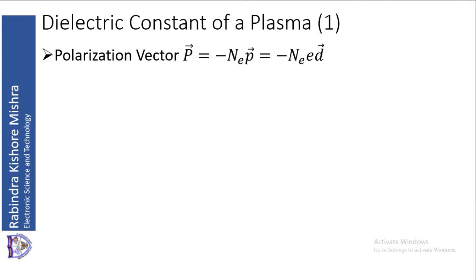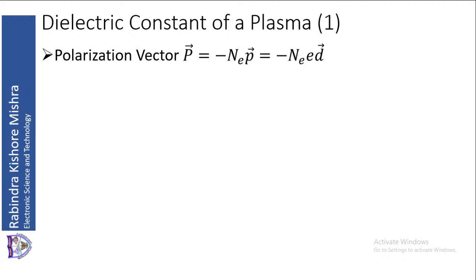So for polarization of this plasma medium, we consider the polarization vector with respect to the electrons instead of with respect to the positively charged ions. So positively charged ions we will neglect from this point onward. We will consider the free electrons.